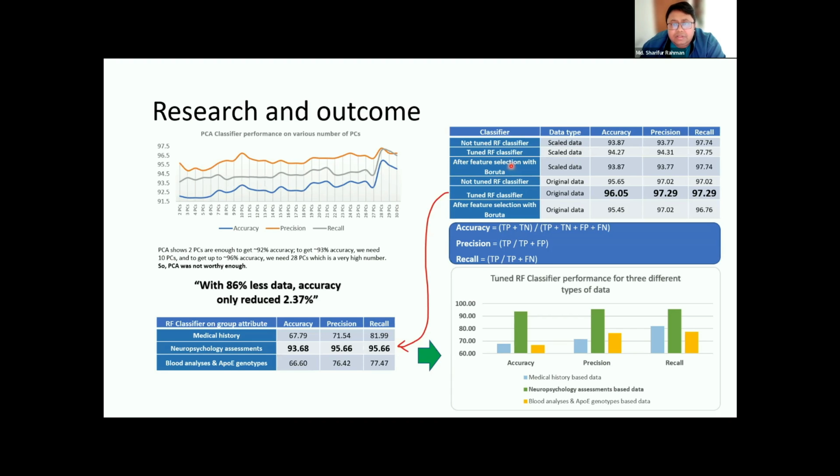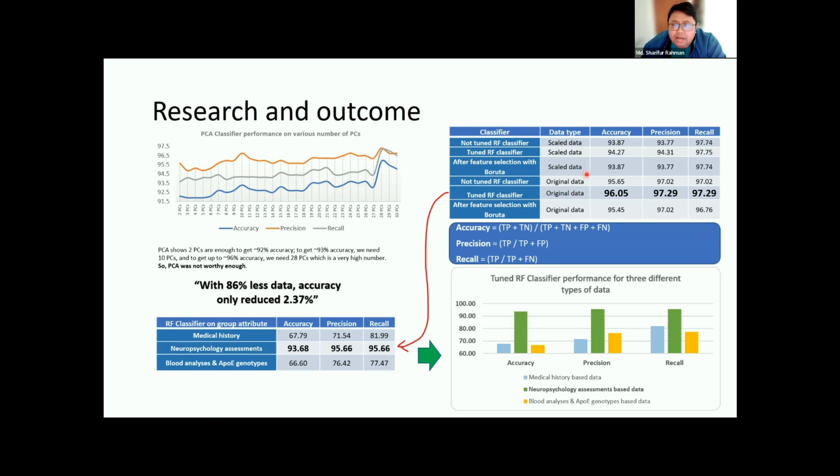And then feature selection done by Boruta, and we used it with the scaled data. And all 3 things we have used with the original data also. We know that the random forest algorithm doesn't need the scaling.